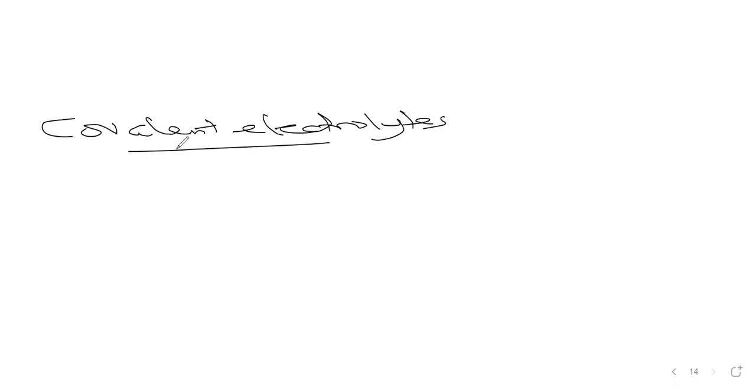Okay, let's proceed to what we call the covalent electrolytes. How are they able to conduct electric current? These ones do not contain ions, by the way. I gave you an example of hydrogen chloride gas.